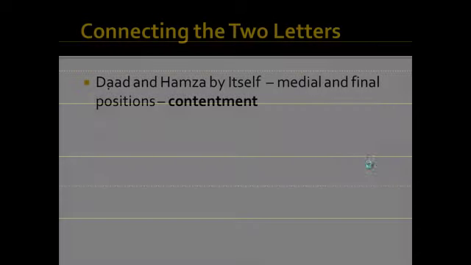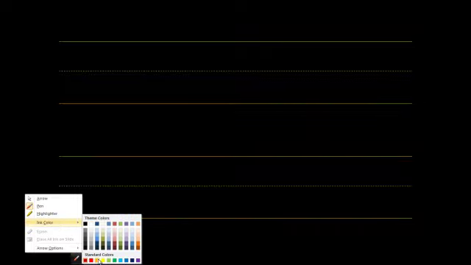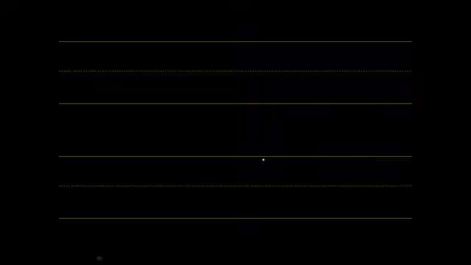Let's write it a few times. And let's change our color to yellow. So we're going to write the word for contentment. So let's write rida. And we'll write our short vowels when we're finished.